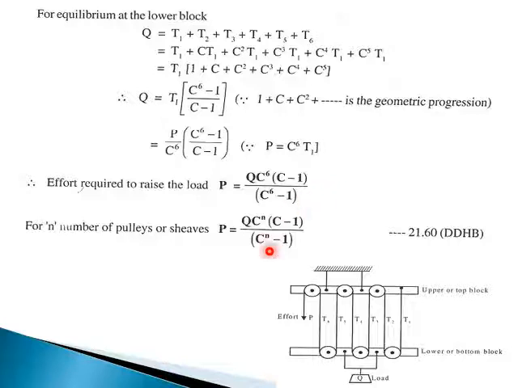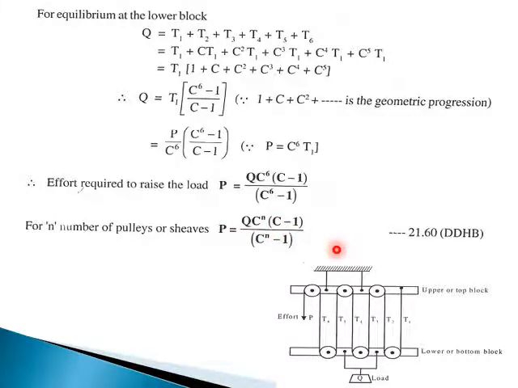So this is how you get the equation. This is for the combination of 6 pulleys. If there are n such pulleys, then wherever the 6 appears you need to replace it with n. So we can write P equal to Q into C to the power n into C minus 1 divided by C to the power n minus 1.